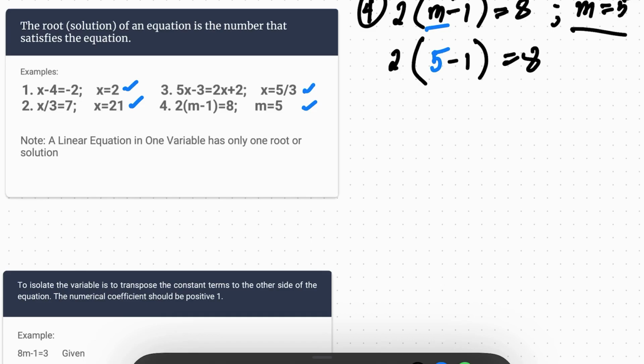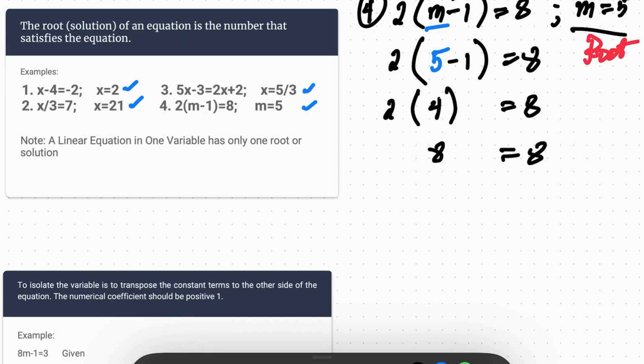So this will be 2 times 5 minus 1, which is 4, and that is equal to 8. From here, we can clearly see that the left side of the equation is 8, equal to the right side, which is 8, which means that 5 is a root or a solution of our linear equation in one variable.